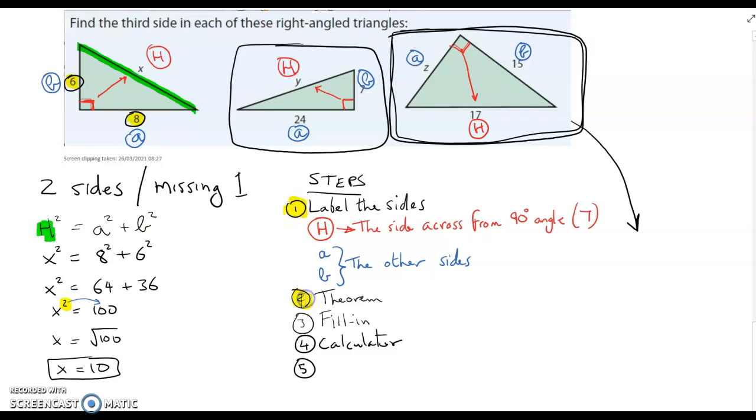Now we're going to write down the theorem. The theorem is H squared is equal to A squared plus B squared. We're going to fill in the numbers that we have. This time we have H. H is 17, so we say 17 squared. We don't have A. It's called Z, so we're going to find that. And we have B. It's 15.